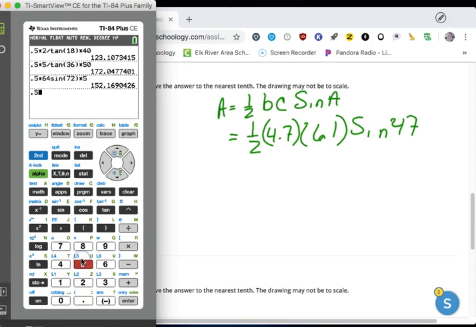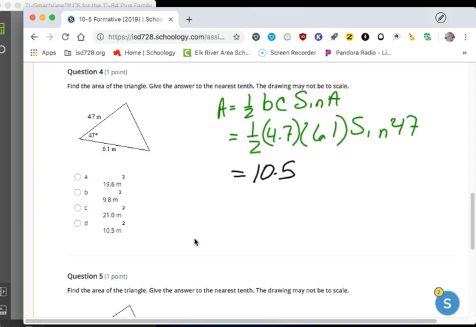So I got 0.5 times 4.7 times 6.1 times sine of 47. Close my parenthesis, and I get 10.43, or 10.4, really, if I round to the nearest tenth. So I'm looking here at 10.4, and that's my answer.